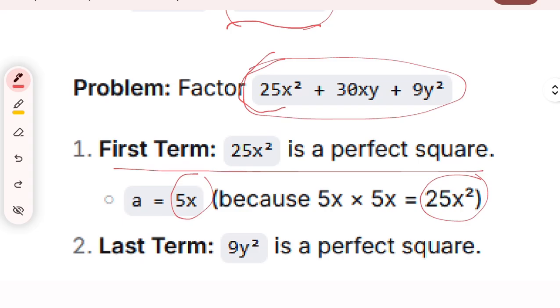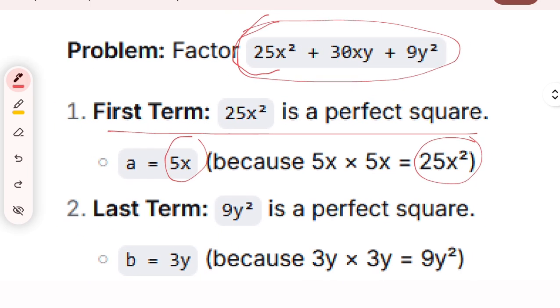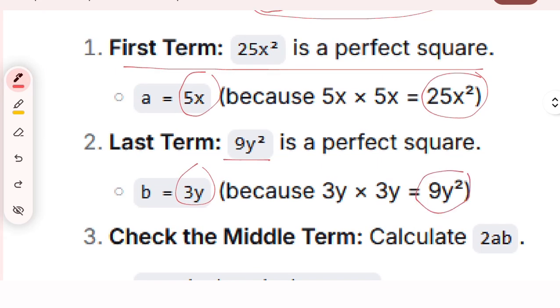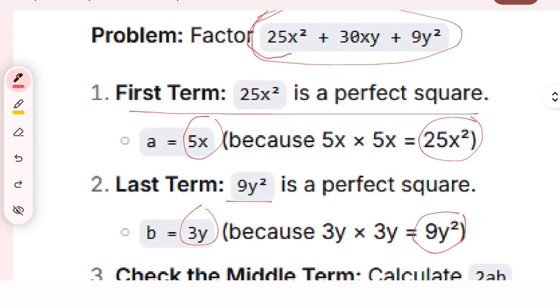What about the last term, 9y squared? Is 9y squared a perfect square? Yes. 3y times 3y, or 3y squared, is equal to 9y squared. Therefore, the last term is a perfect square. The third condition is, if I multiply 5x times 3y times 2, is it equal to the middle term of 30xy?